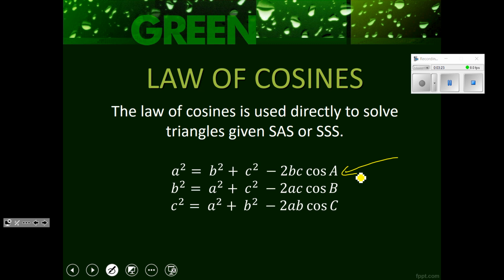Or if I have all the sides and I'm searching for angle B, then I'm going to use the second one. Does that make sense? So the difference is going to be with which angle you're either using or searching for. Does that make sense? And that's going to be how you know which one to use. So I'm going to pause this and give you a second to copy these formulas down. Got it? Ready? Let's see it put into action.